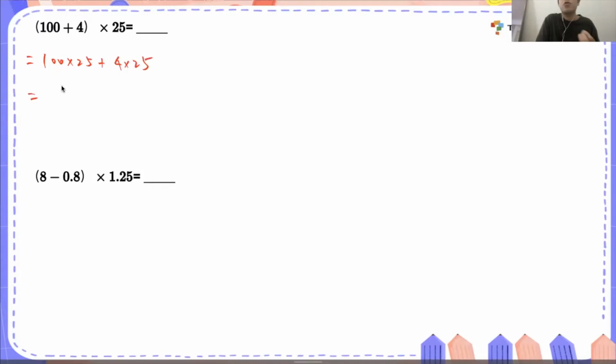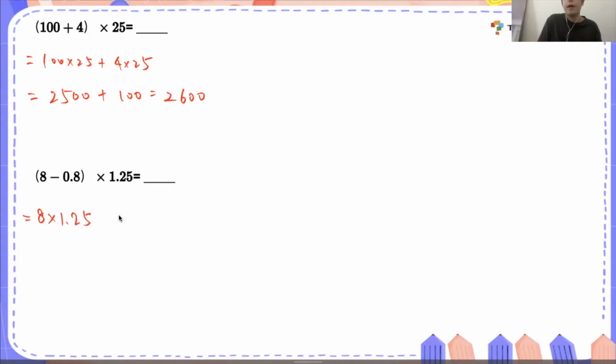Okay, so what is the first part? That should be quite easy, right? And what is the next part? 100. So that is 2600. And how about the next question? That is distributive law with subtraction inside the bracket. Okay, pay attention. 8 times 1.25.